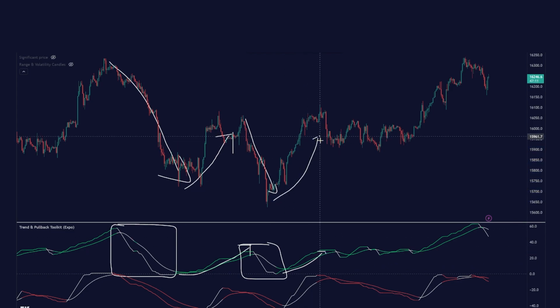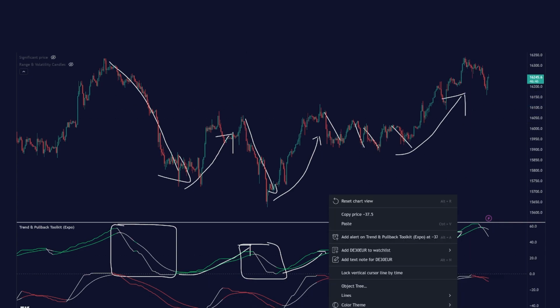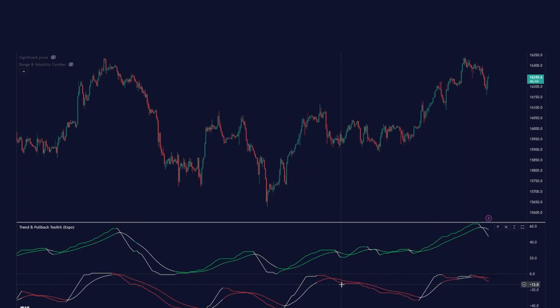And up it goes. So when it turns white, that is a sign of a negative impulse, followed by a positive move. So we basically read the market impulses with this indicator.